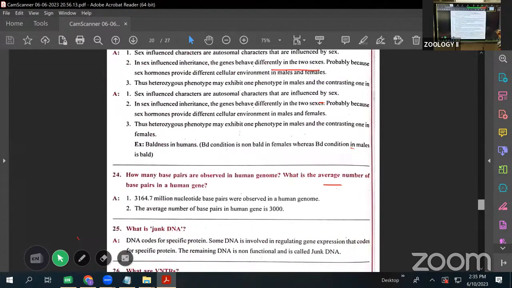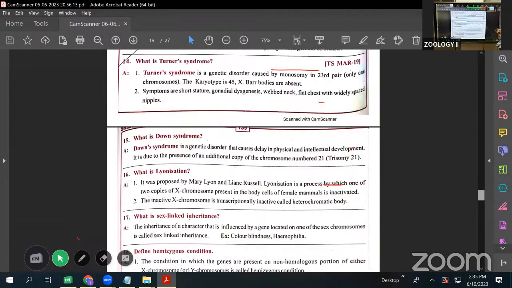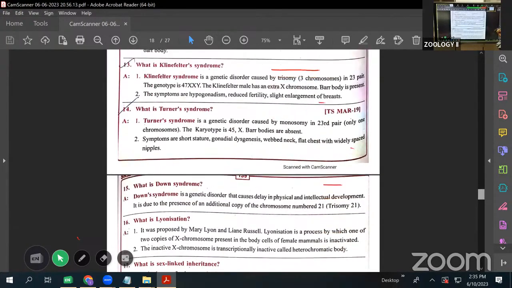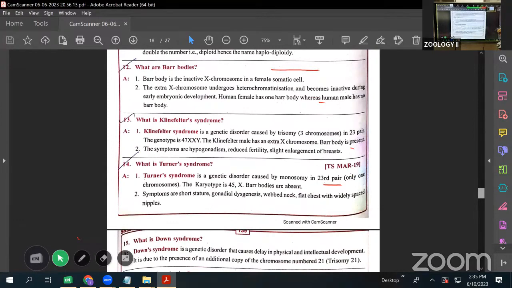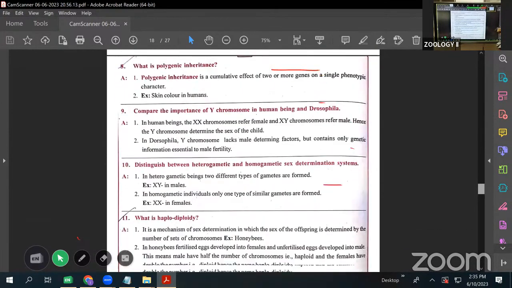Erythroblastosis fetalis is important for the SAQ and also for the VSAQ.